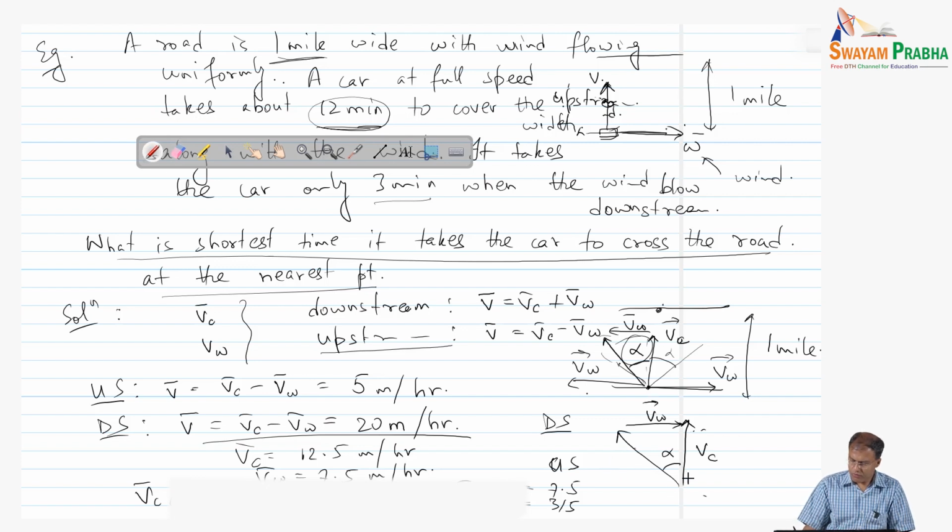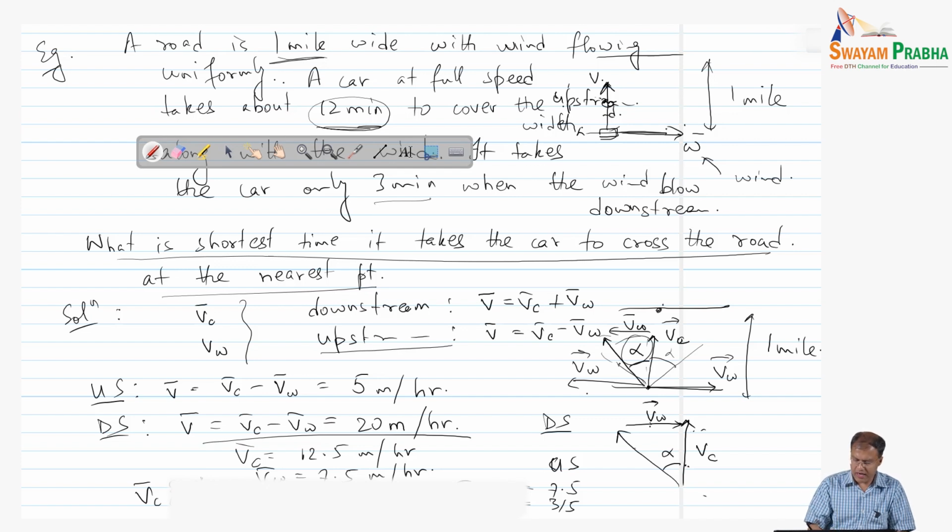Vw by Vc is the sine of alpha, not cos alpha, sorry.